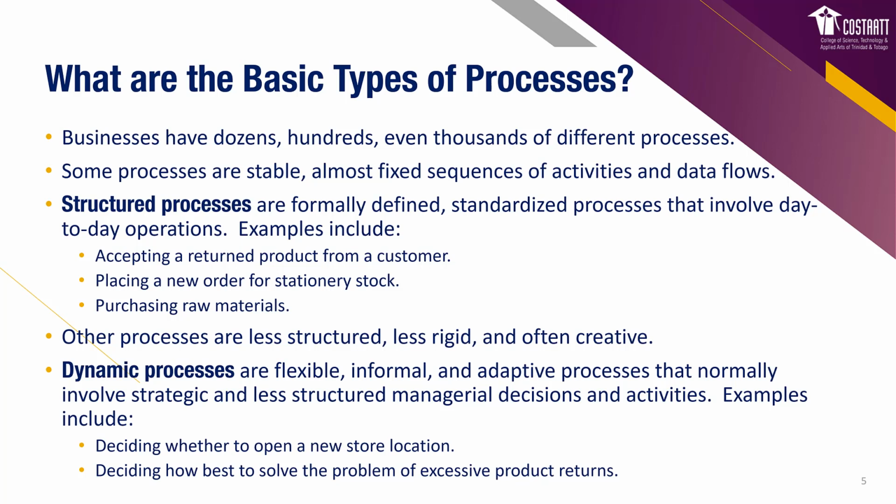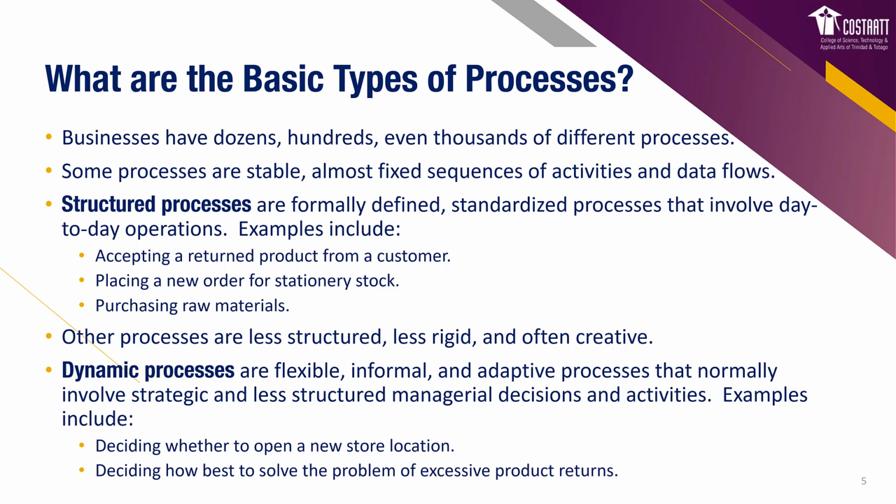Now, we've already identified that accepting a product return from a customer is a routine function. That's structured. That's true. However, if you find that there are too many people returning products and it is an unusual development, typically you may have 3 or 4 returns per month in the past, but right now you're experiencing 14 or 15 per week.